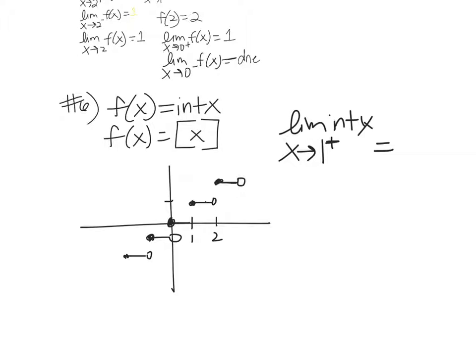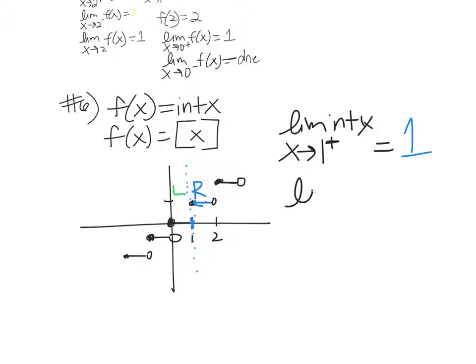Get on your graph. Here's 1. Sometimes you can picture a vertical line. This is the right side, and this is the left side. As I'm going on the right side towards 1, my y value is approaching 1. It actually equals 1 there.